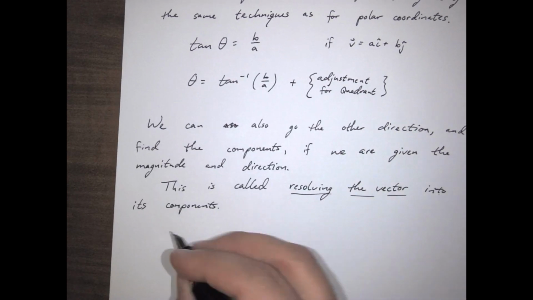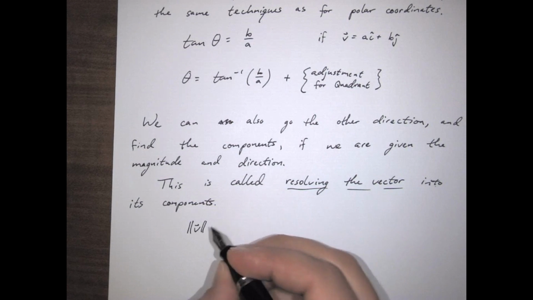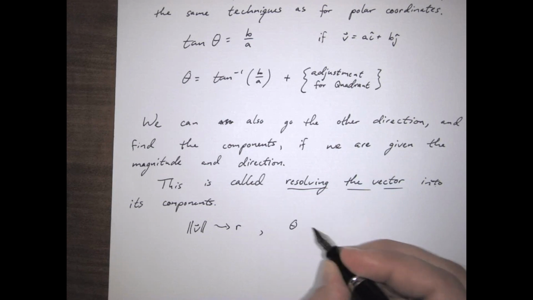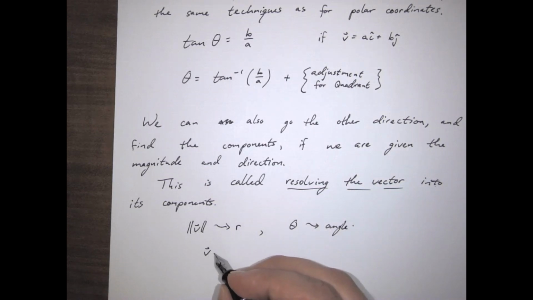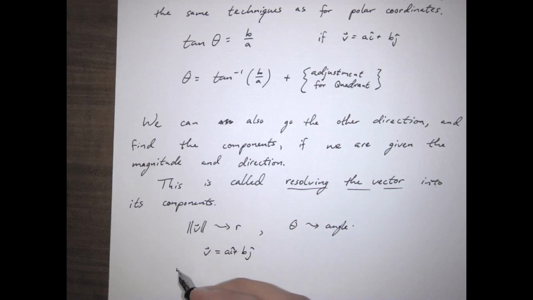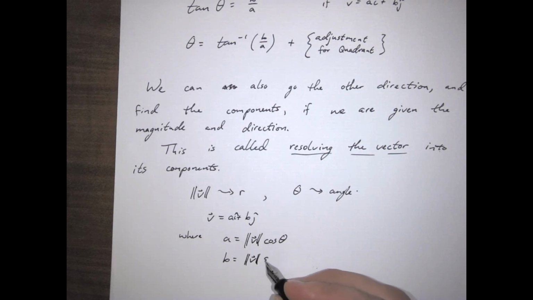All right. In particular, if the magnitude of v corresponds with r and theta is the angle, v equals ai plus bj, where a equals r, or as we write it now, magnitude of v, cosine theta, and b is equal to magnitude of v, so in other words the r, times the sine of theta.